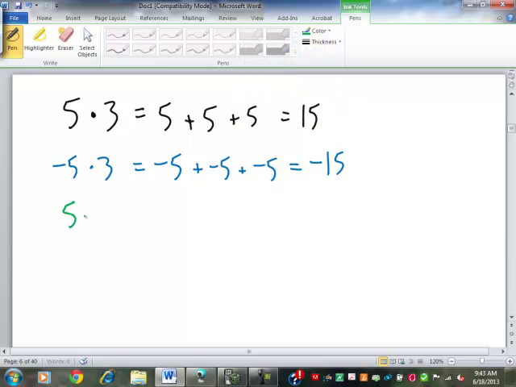Now 5 times a negative 3 is a little trickier. Again, your textbook will probably put that negative 3 in parentheses like that. I can't take 5 and multiply it by itself, or add it to itself negative 3 times, can I? But I can take negative 3 and add it to itself 5 times.